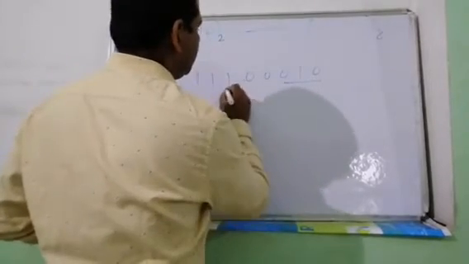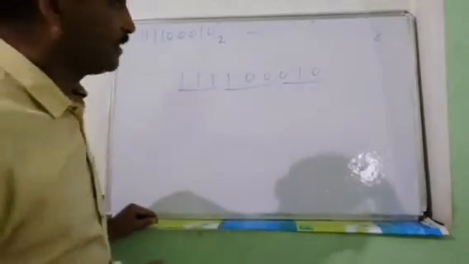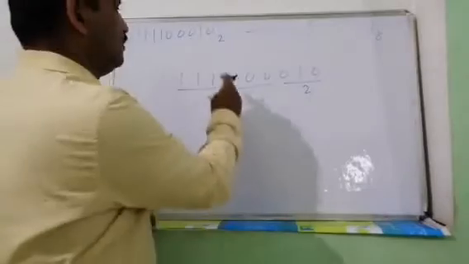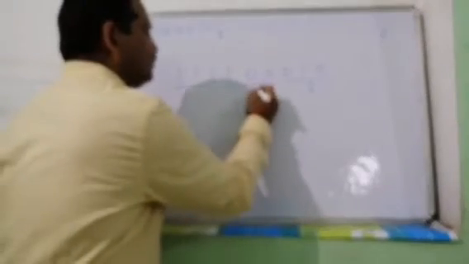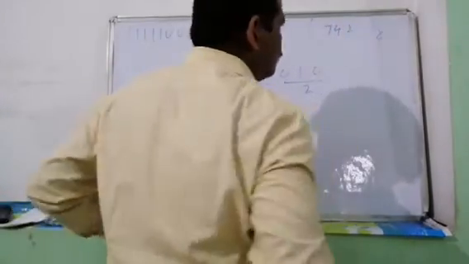This is 3, this is 3, and this is 3. 0 1 0 is 2, 1 0 0 is 4, 1 1 1 is 7. 742 is the octal number. Let us do one more.